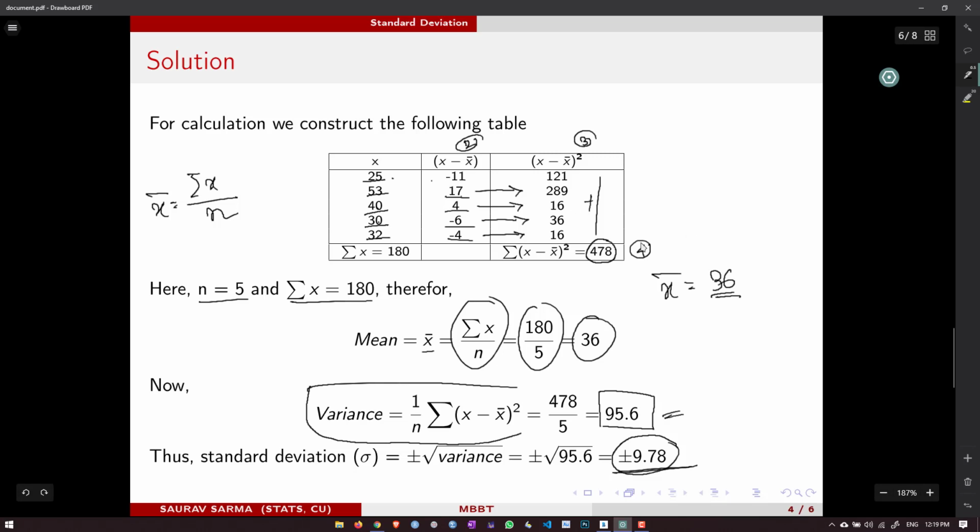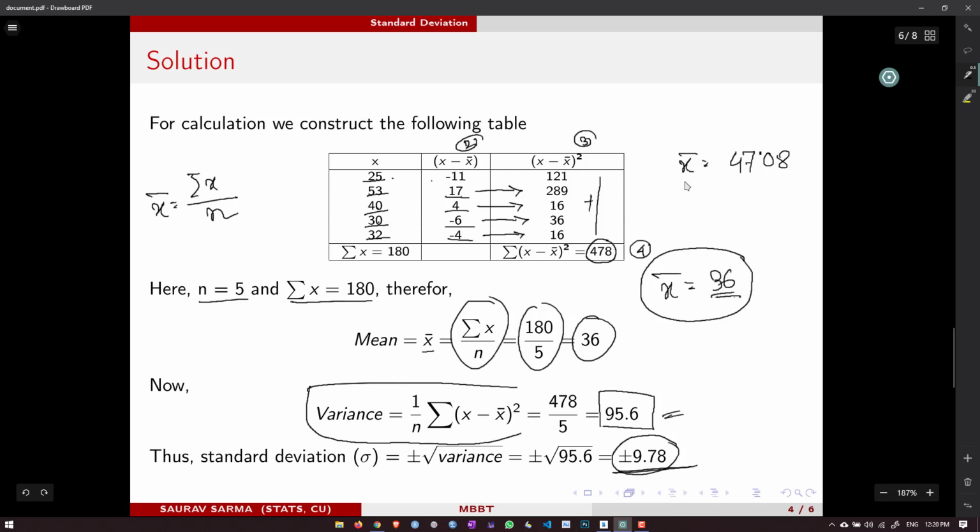Now at this point I would like to add something. In this example our arithmetic mean is 36, which is an integer without any decimal value. So subtracting 36 from all these numbers leads to integer values, and their squares are also integers, so calculations are a bit easier. Now imagine your x bar is say 47.08.